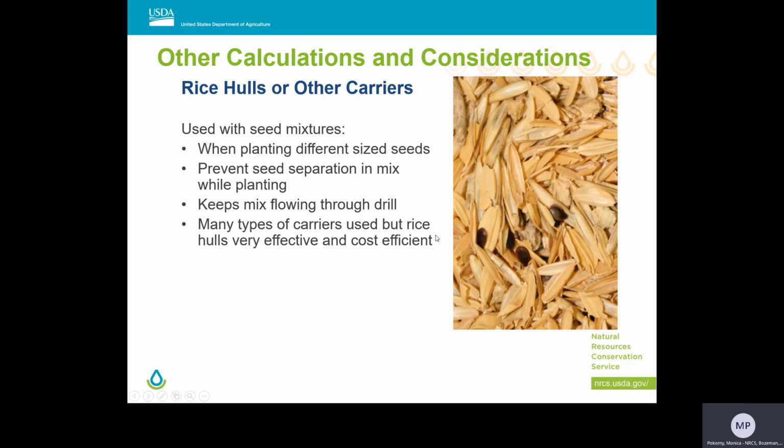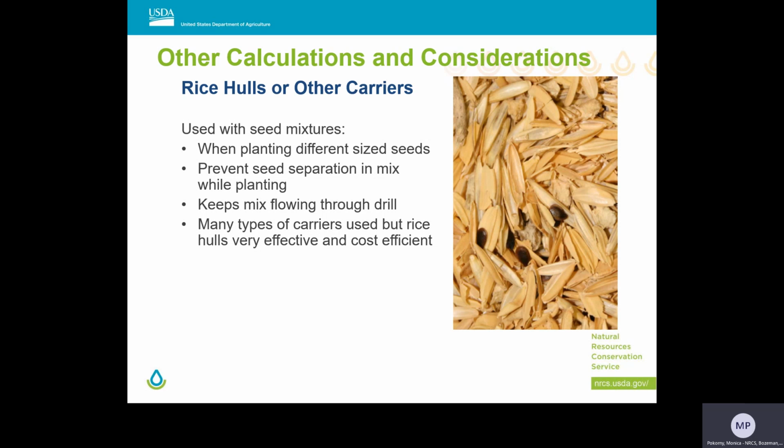You can also see the cupped shape of the rice hulls is going to be able to hold the seed in proportion as the seed mix flows through the drill. We recommend using US #1 grade rice hulls to ensure the quality and avoid sowing any undesirable species.